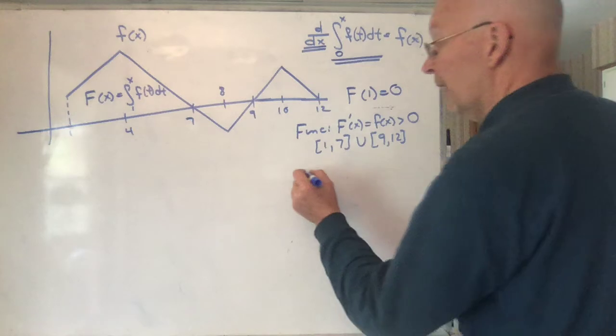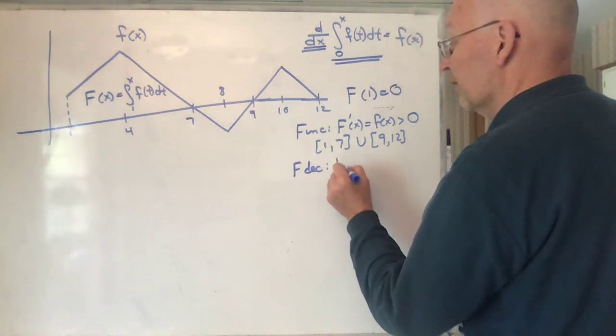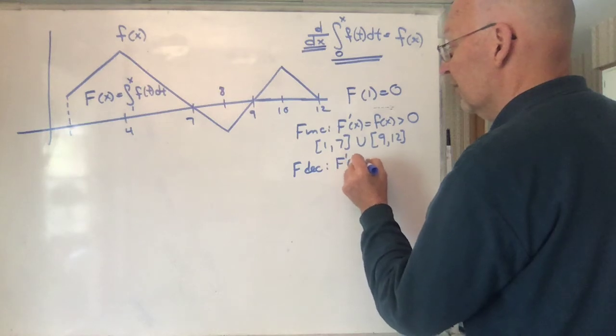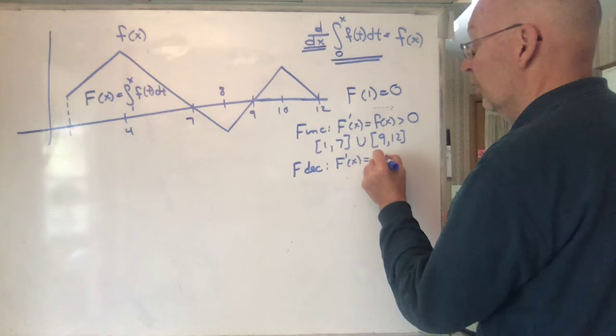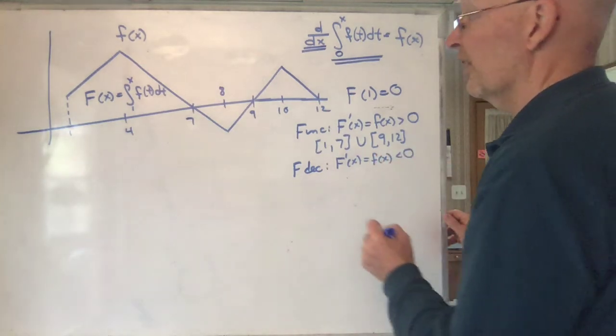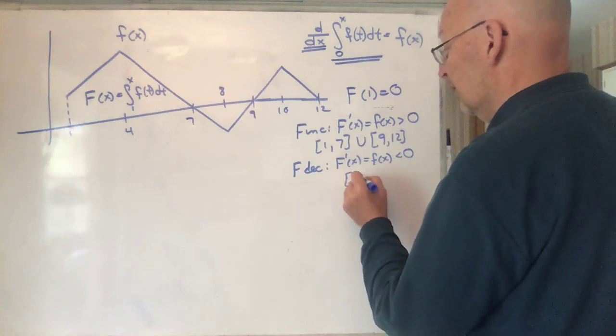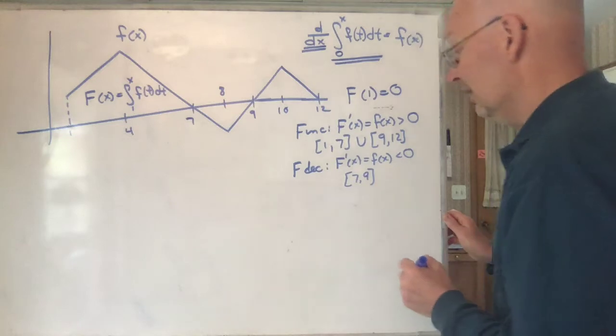Agreed? Capital F is decreasing wherever its derivative, which is equal to this, is negative. And where is that negative? It's negative from 7 to 9. I never worry about whether you include the endpoints or not. Not a big deal.